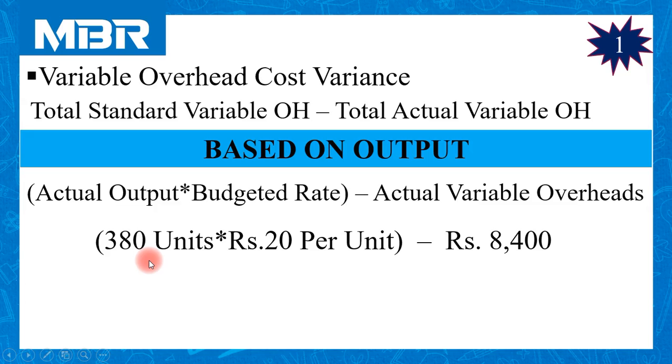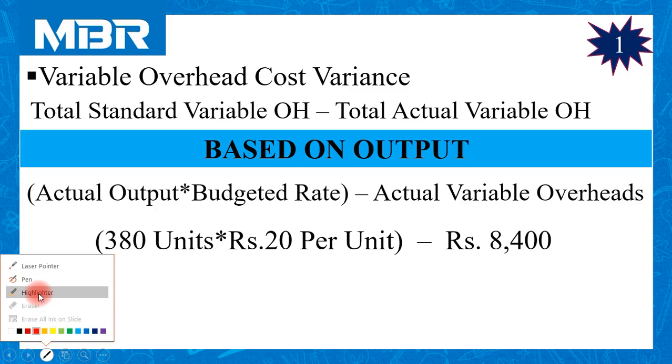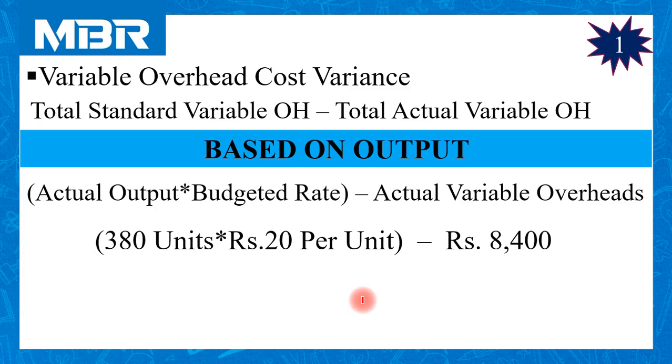As per our calculation, we have completed the budgeted rate per unit, rupees 20, minus the actual variable cost incurred by the company, rupees 8,400, that I have discussed just a moment ago, that it is not necessary to calculate. You can directly insert the figure over here.